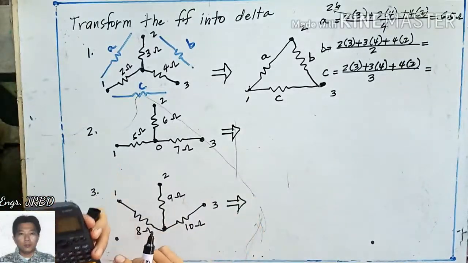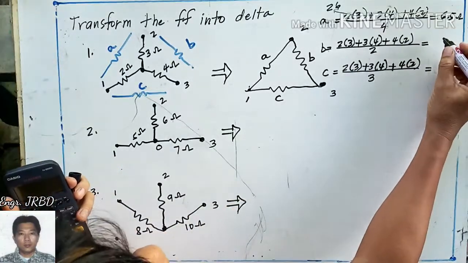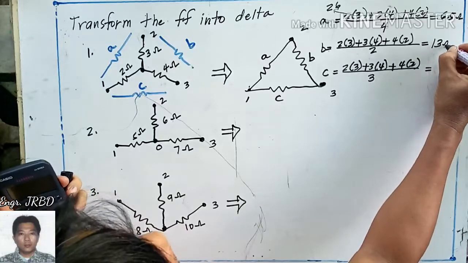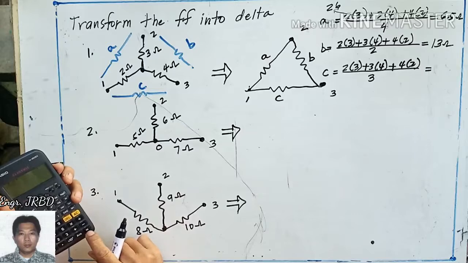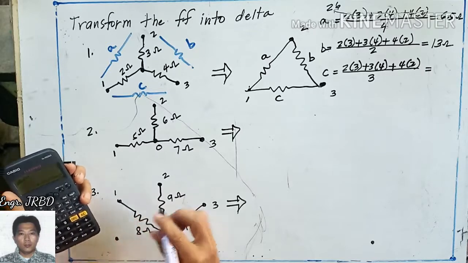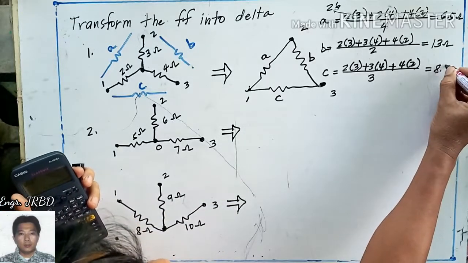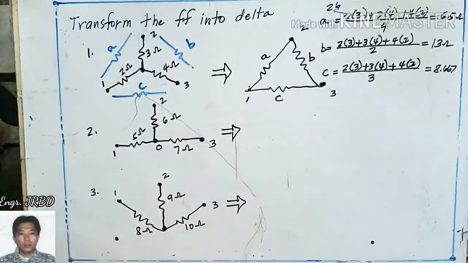Then 26 all over 2, that is 13. And 26 all over 3, that is 8.667. Okay? That is how we proceed into Y to delta.